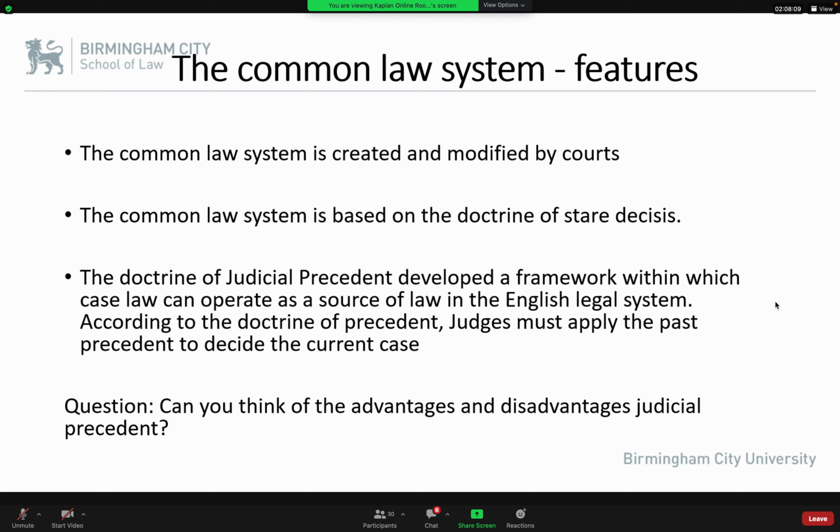How does this apply? How does precedent apply? You would have studied this in bridging, you would have studied this in diploma. Can you explain to me how it applies? Who wants to explain?